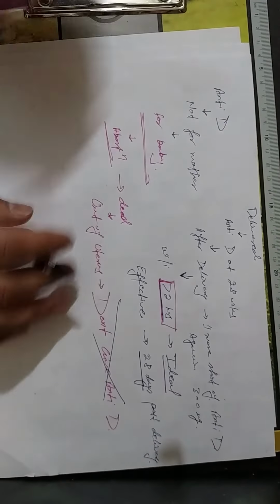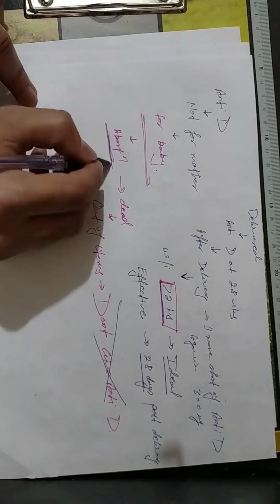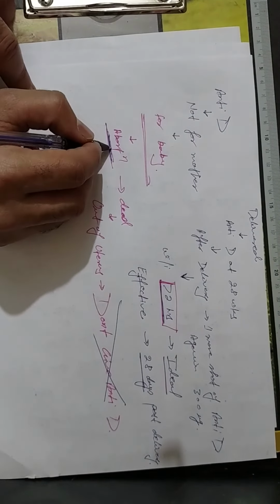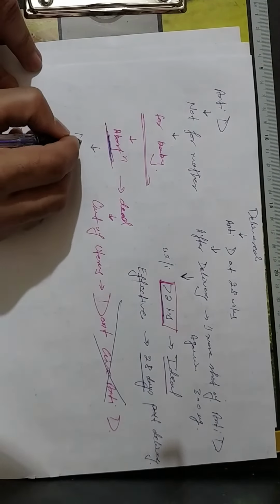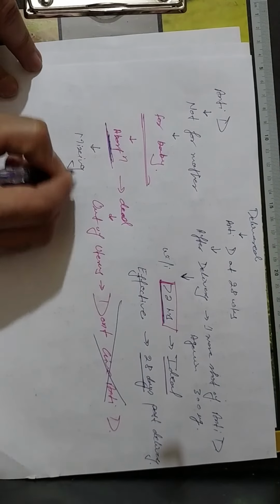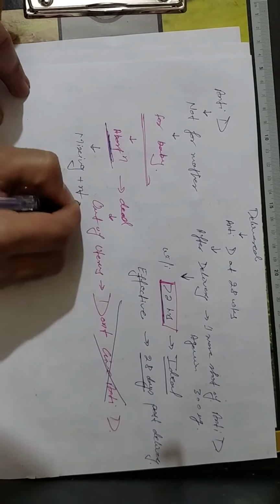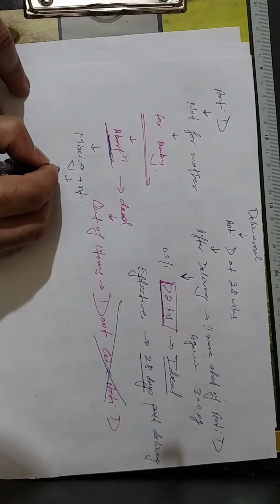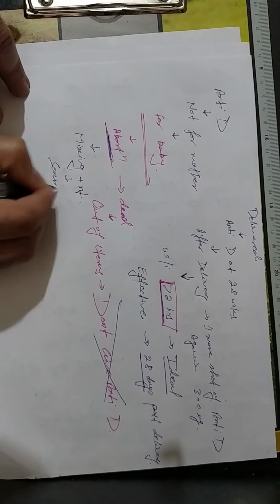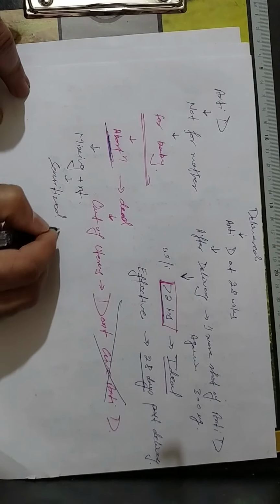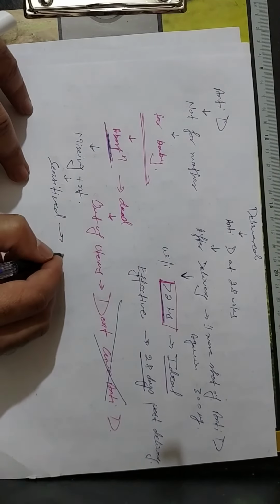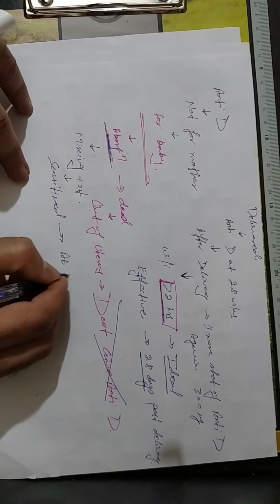Why is this wrong? See, if during the process of abortion, by any means, there was mixing of maternal and fetal blood, that means the mother's body is sensitized. That means some antibodies have been produced.